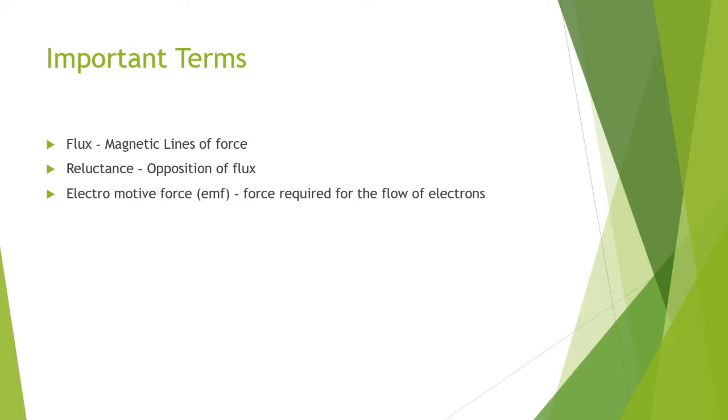Reluctance is the opposition to flux. Next is the electromotive force, EMF. That is the force required for the flow of electrons. Flow of electrons means current. So the force required for the flow of current is called EMF, which is the voltage potential.